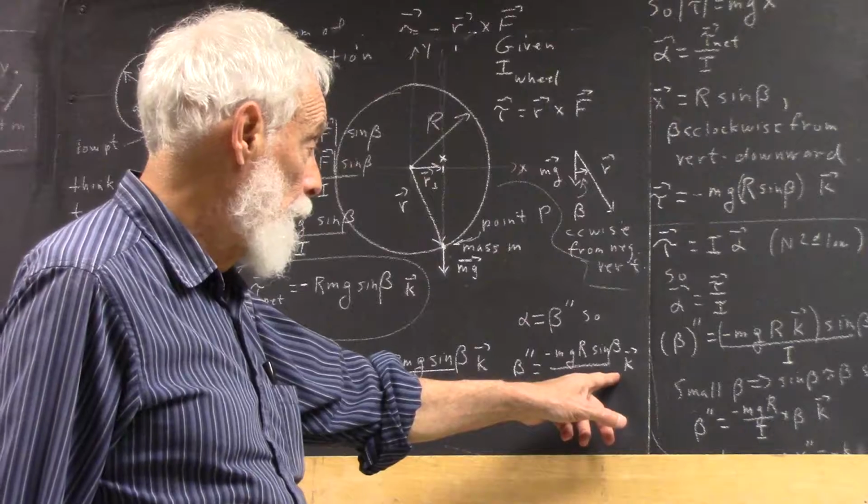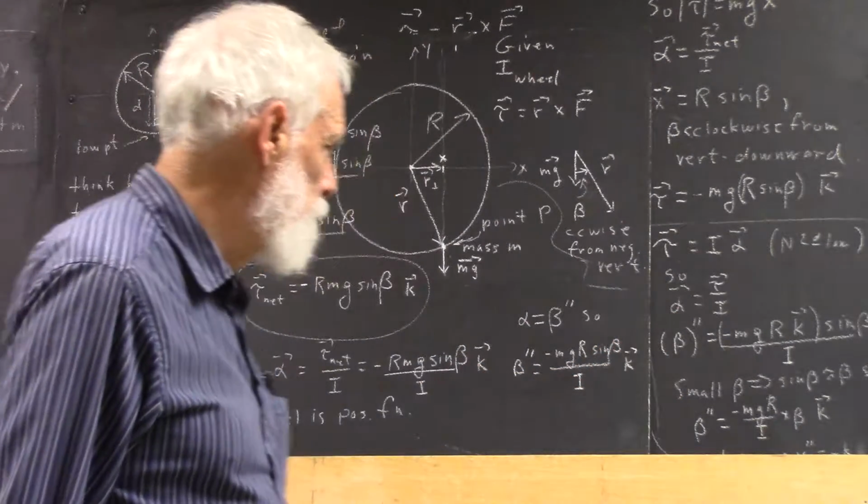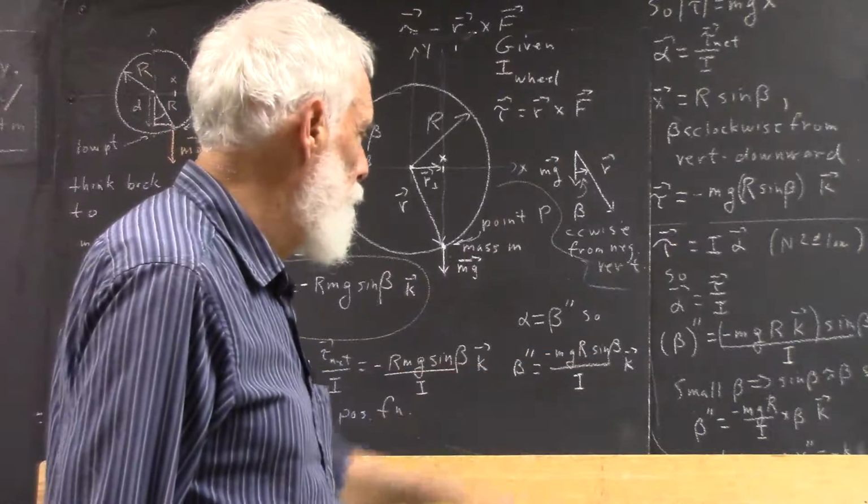Well, the k vector is just kind of a constant, so we're going to ignore that, and then we'll reintroduce it. But how do we solve this equation?